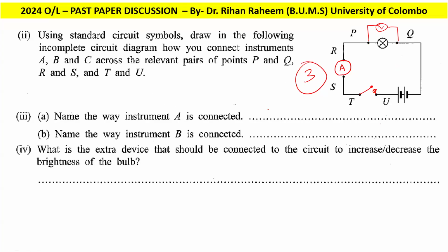Name the way the instrument A is connected: series pattern. If you just put series, also 1 mark. Name the way the B instrument is connected. Voltmeter is B, no?